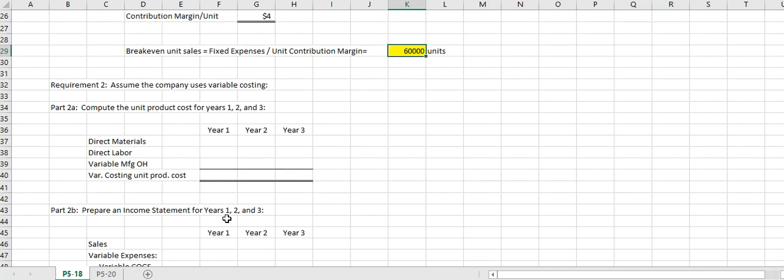All right, so to do our calculation, we're looking at what is our variable cost per unit, product cost. So we were going to consider only variable costs: direct materials, direct labor, and variable manufacturing overhead.